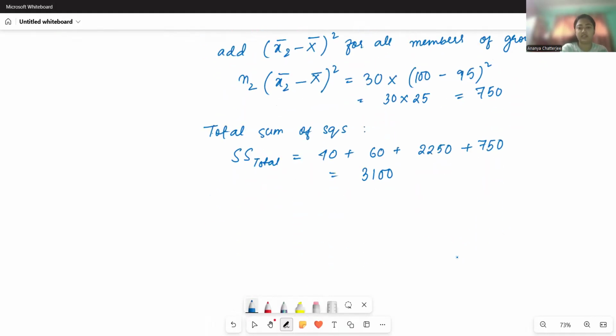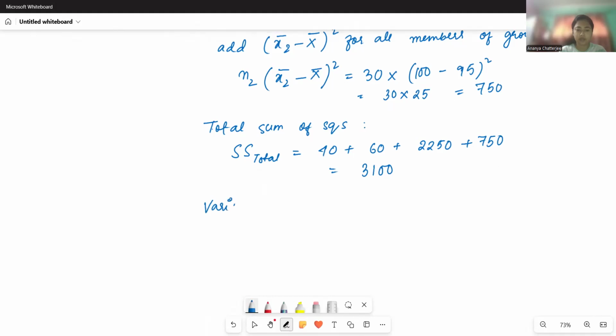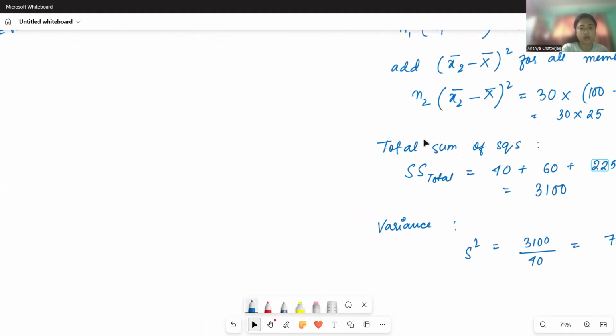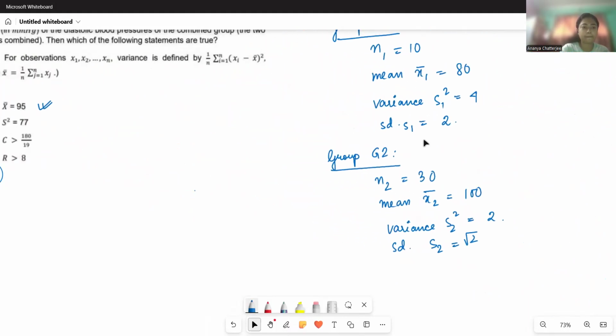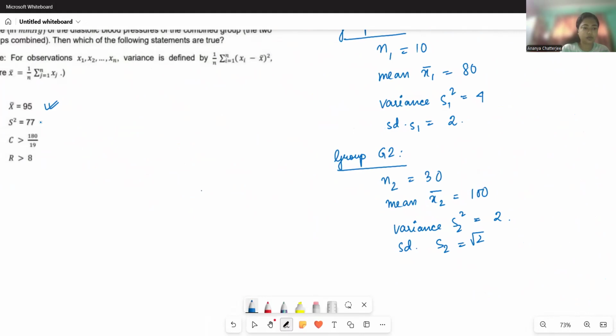So by this the variance s square is 3100 by 40, that is approximately 77.5. Now we check the statement. The statement was that s square is equal to 77, and here we get 77.5. So this is false, right?